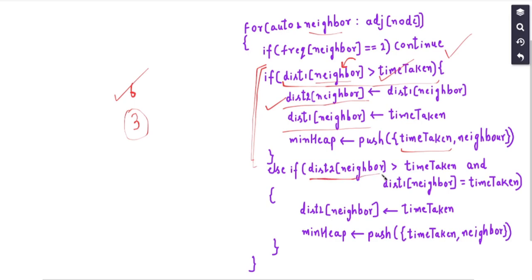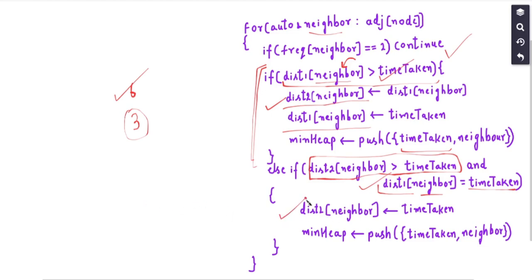So if the distance till neighbor in the distance 2 array is greater than the time taken that we have here, in that case we also have to handle one more condition, that is, I cannot have this time taken as the minimum time taken to reach the neighbor vertex, because if this is the case, then we can't have the same time to reach the particular node. That means we can't have the first minimum time and second minimum time to be same. They must be different. That's what I'm handling here.